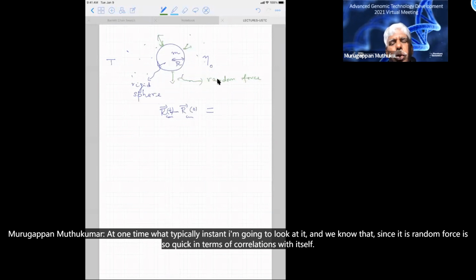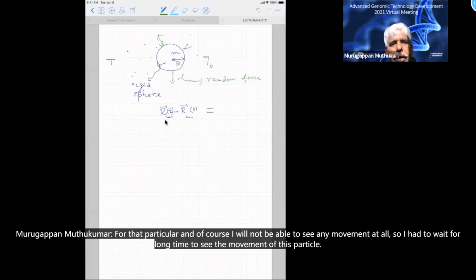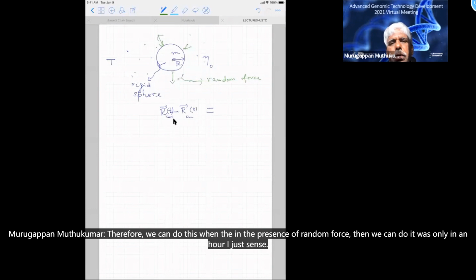And we know that since this random force is so quick in terms of correlations with itself, for that particular random force, I will not be able to see any movement at all. So I have to wait for a long time to see the movement of this particle. Therefore, in the presence of a random force, we can do this only in an average sense.